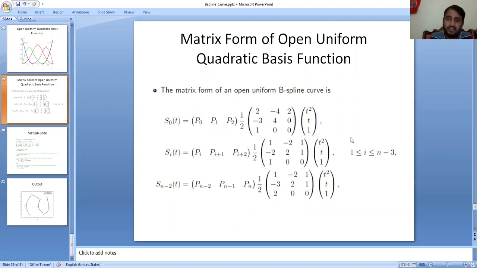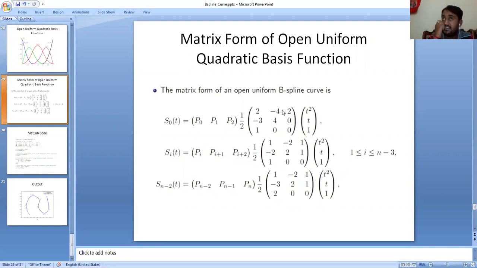Here I misprinted and wrote 1 to n minus 3. For 2 to n minus 3, this will be the same as the previous B-spline you have seen. You have derived the uniform B-spline, the same formula. But for the other ranges, it will be some constant. For n minus 2, n minus 1 and up to n, this will be this constant value. You can calculate this also.